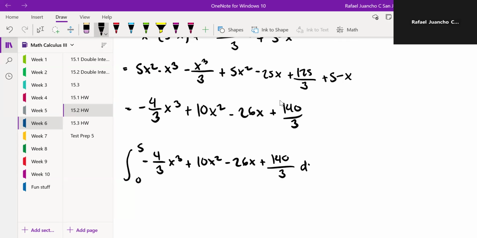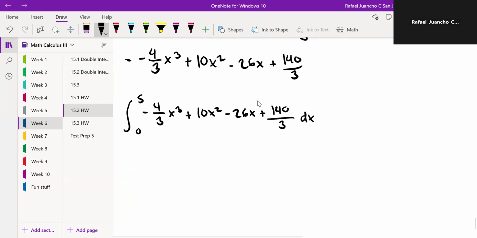Which I think I can immediately integrate. So here I would get, so this one gives me, if I integrate x to the 4th over 4, which I can then cancel, so I would get negative x to the 4th divided by 3, right?